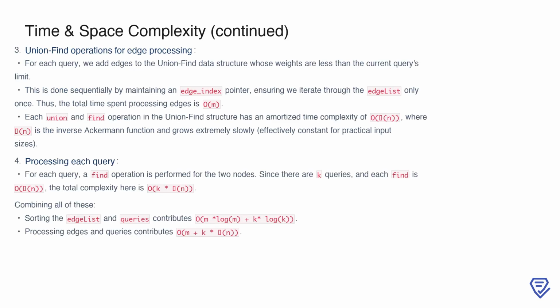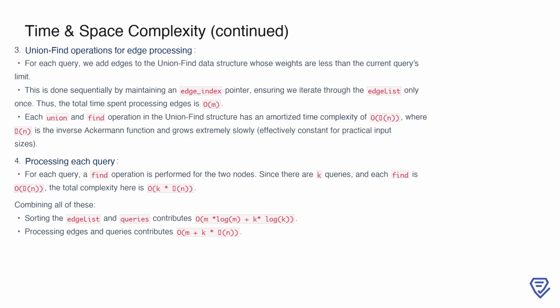Now, let's focus on the union find operations required for edge processing. For each query, we add edges to the union find data structure where the edge weights are smaller than the current query's limit. By using an edge_index pointer, we traverse the edge list in a single pass, making this step O(m) in total.